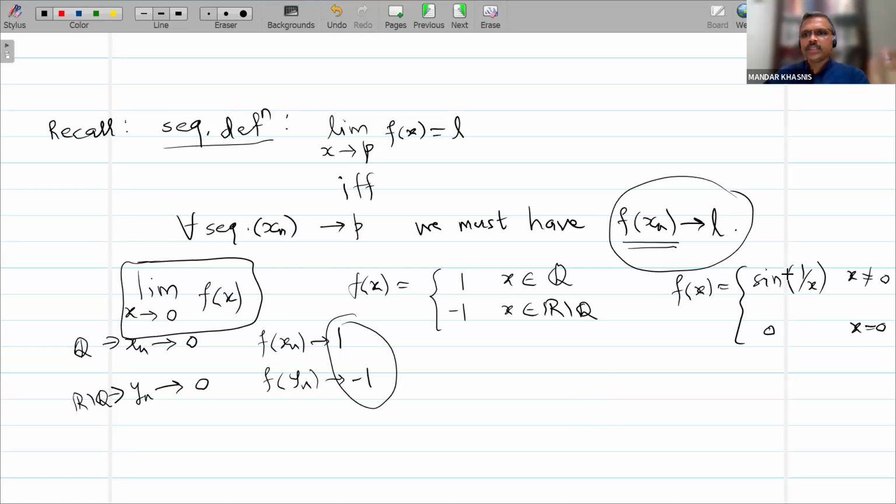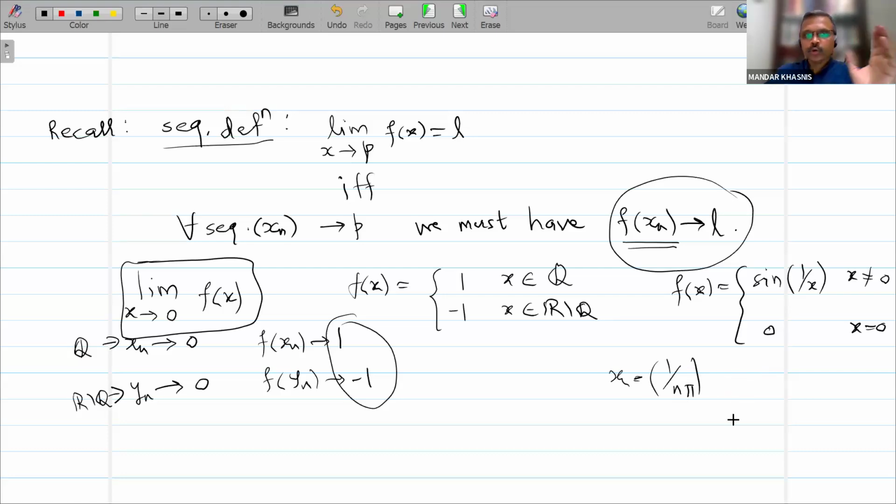Sine 1 by x is an oscillating kind of function, and it behaves badly when you take some sequence, say 1 by n pi. If you take that as the sequence xn, sine of 1 upon 1 by n pi will be 0, and you can adjust a sequence in a way that the answer will be 1.